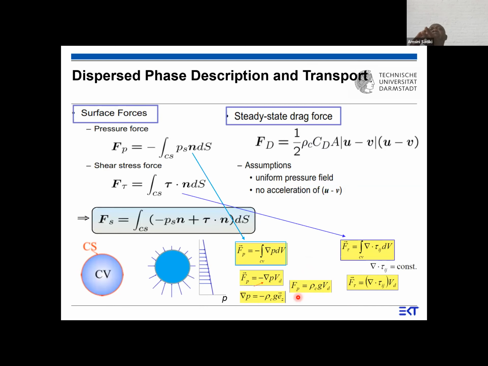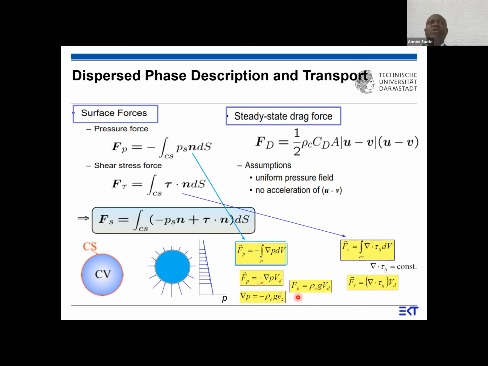So if we take into account the forces which act on the particle, what is the first idea for a mechanical engineer or for physicists to do? To consider that we have two groups of forces, so-called surface forces and volume forces.